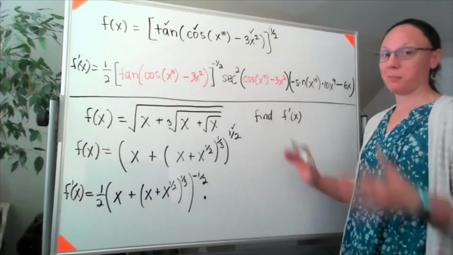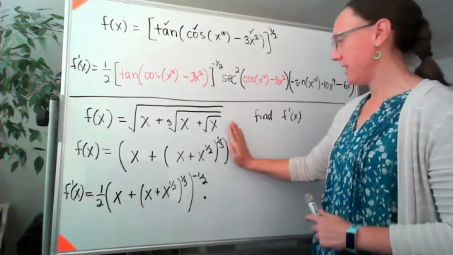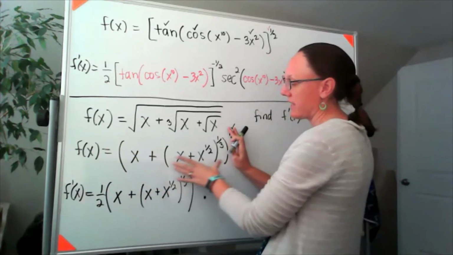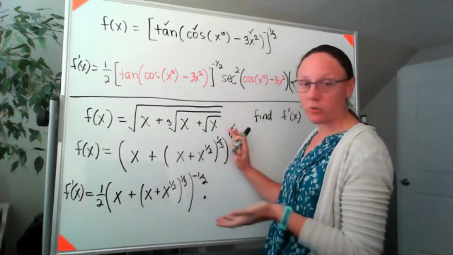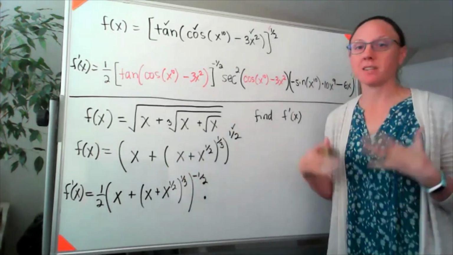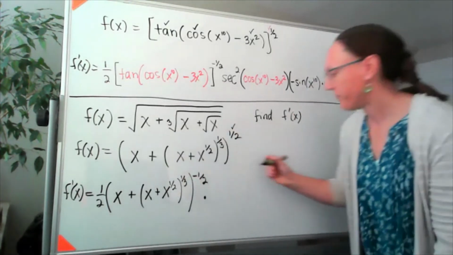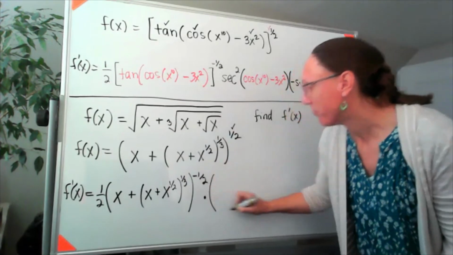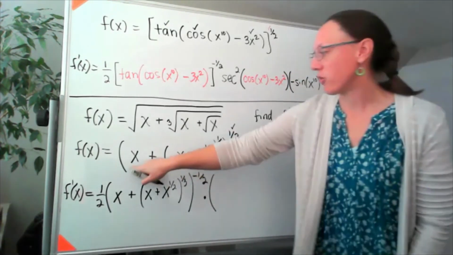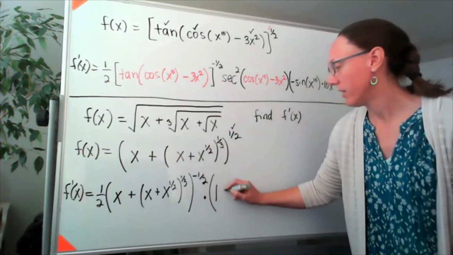So I've taken the derivative with the 1/2. Now, my next layer in, if I get rid of these parentheses, then I have x plus something. And again, when we're doing derivatives, if I've got addition or subtraction, then we treat the parts separately. So I'm going to get some big parentheses here, because the derivative of x will be 1.